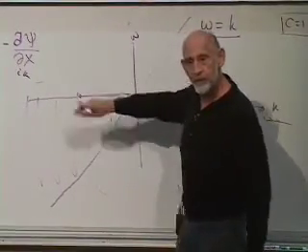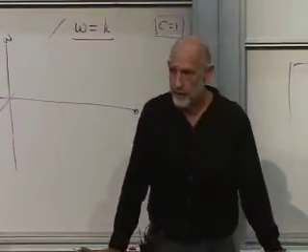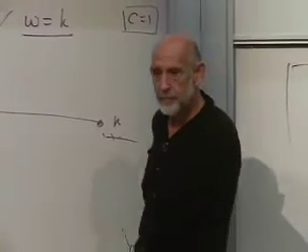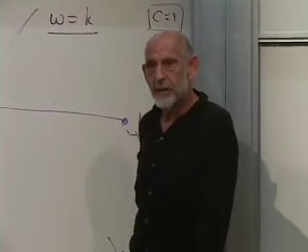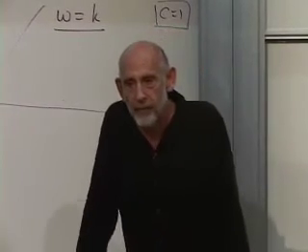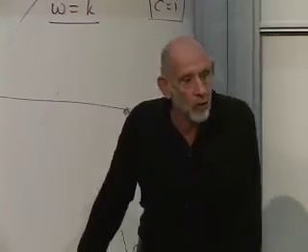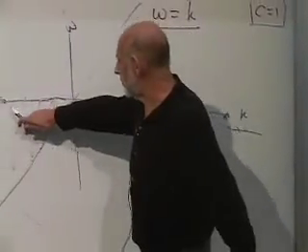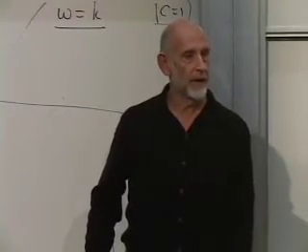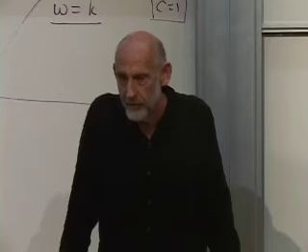Well, how much momentum does it have, incidentally? K is negative. Well, we remove the negative momentum electrons. So the hole, how much momentum does the hole have? Is it positive or negative? Positive.